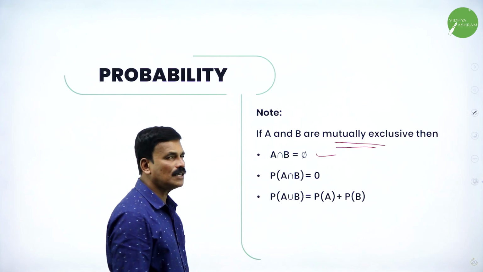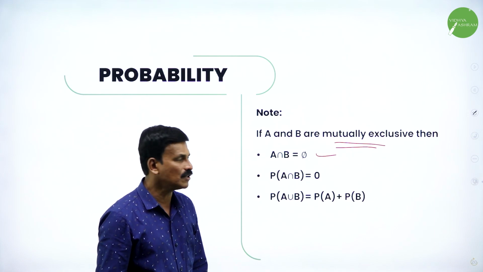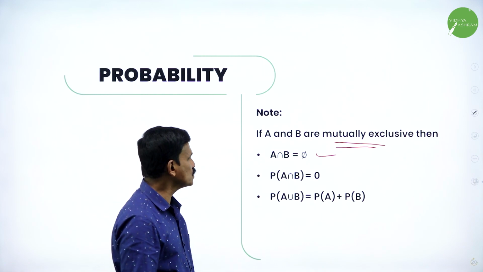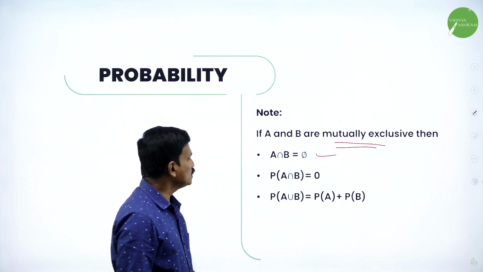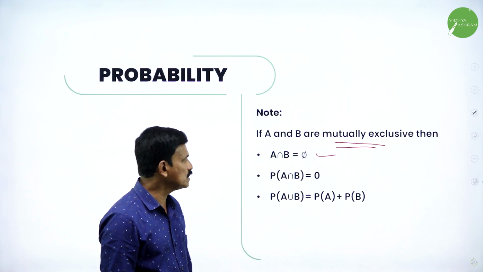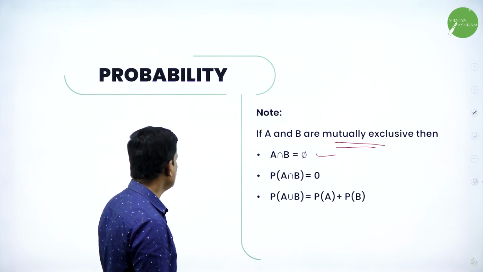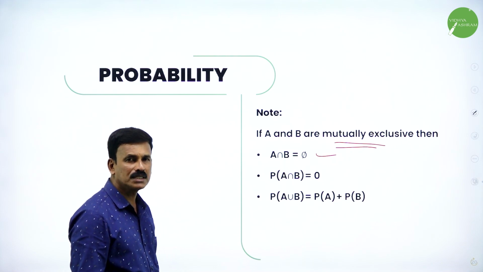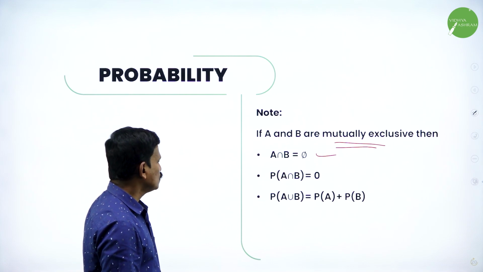And the probability of A union B is equal to the probability of A plus the probability of B. Hope you followed.